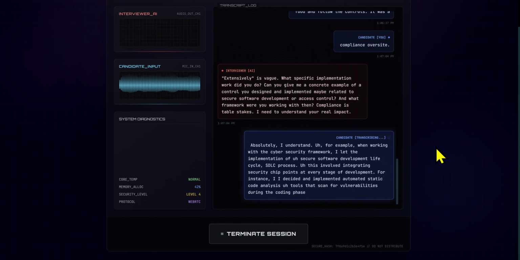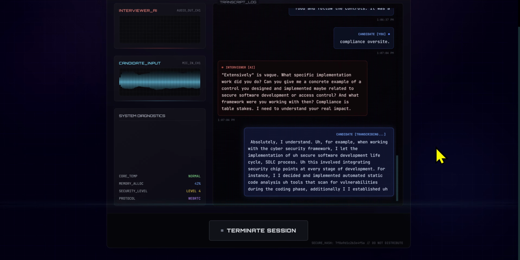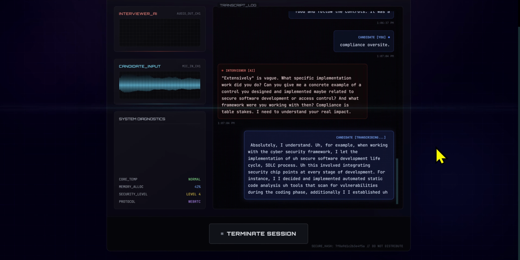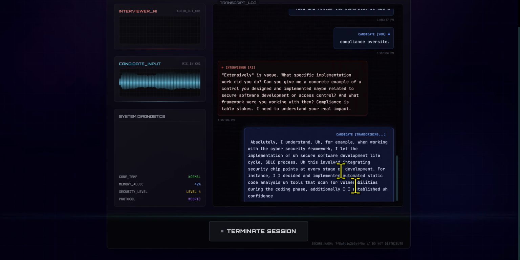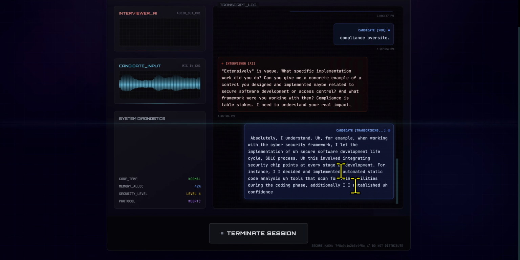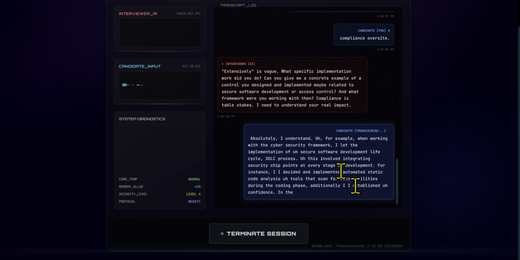Additionally, I established strict access controls for development environments, ensuring that only authorized personnel could access sensitive code repositories. This initiative not only strengthened our security posture, but also aligned perfectly with the NIST standards. It was a hands-on, impactful project that really showcased my ability to design and implement meaningful controls.